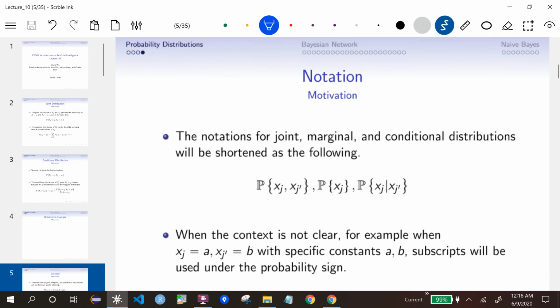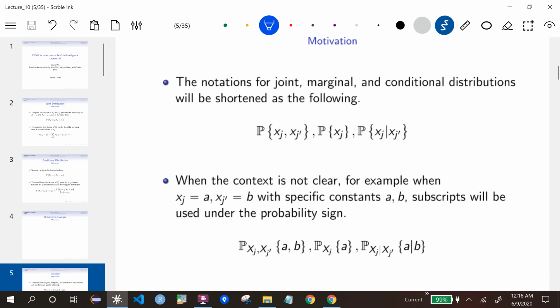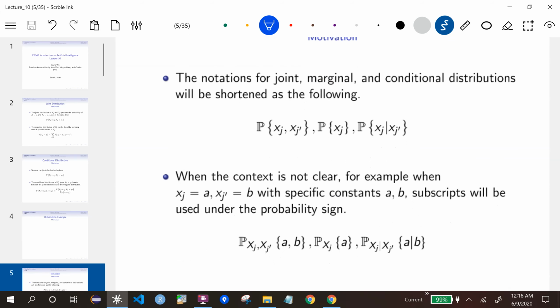Okay. So next, we are going to build a network. There will be a lot of notation, so we're going to simplify this. We don't want to write large X equal to small x every time. So sometimes I'll shorten it to just the small x, in case the small x corresponds to the large X random variable and it's kind of obvious. But if we write something like probability of 1, 1, it's not clear what's happening, because I don't know which x is 1, which x is another 1.